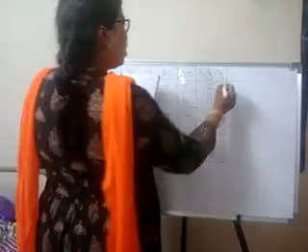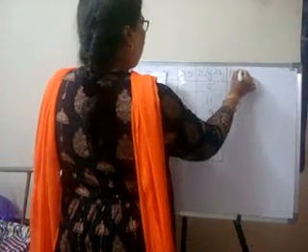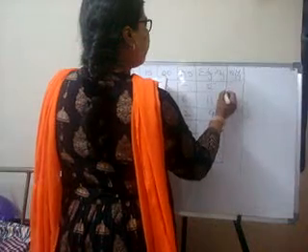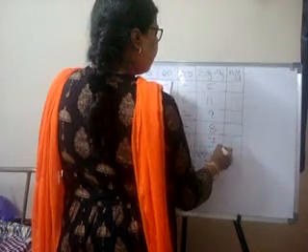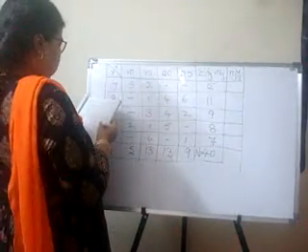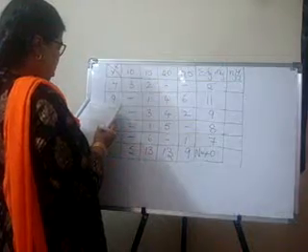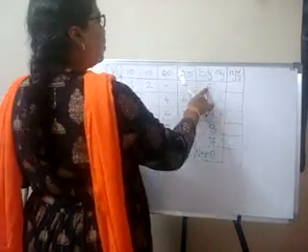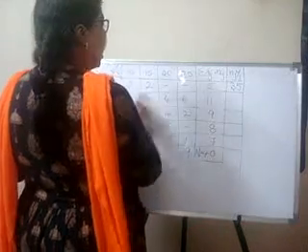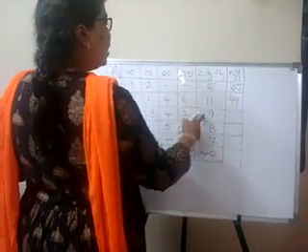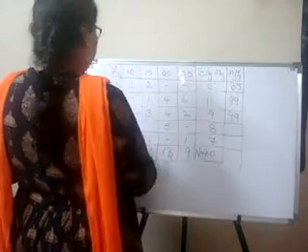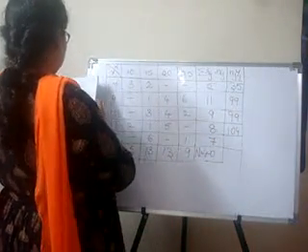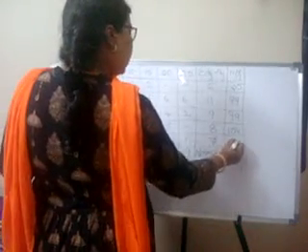Now the next column is n dot j and Yj. Here is Yj and this is n dot j. 7 fives are 35, 9 elevens are 99, 11 nines are 99, 13 eights are 104, and 15 sevens are 105.